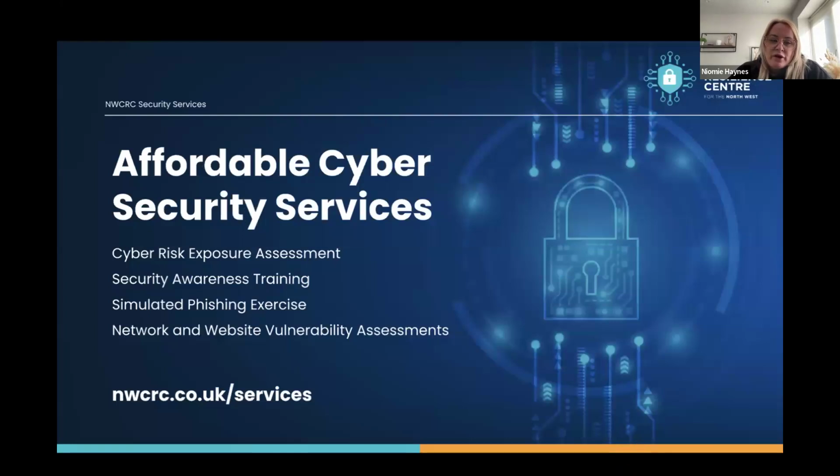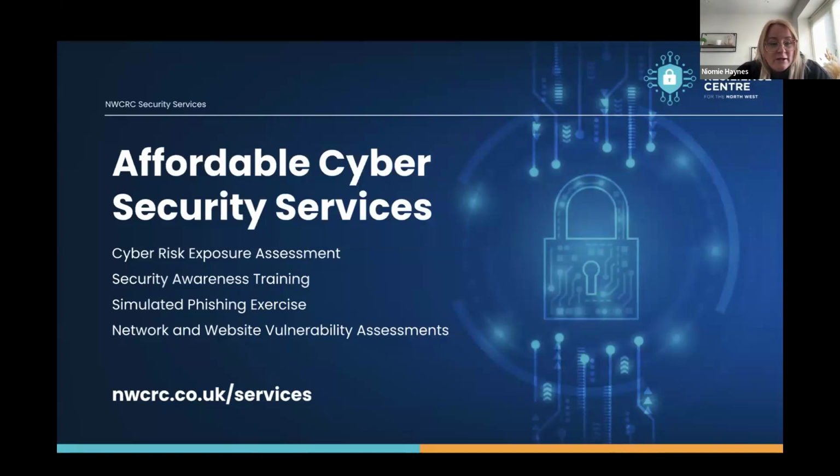Some of the services we offer, which are at cost currently, include a cyber risk exposure assessment, so we can assess your organisation, have a look at technical controls, have a look at what's out there about your organisation that might be deemed a potential risk, and put it all into a lovely report for you in one place to help you strategise your cyber planning for the year, for example.